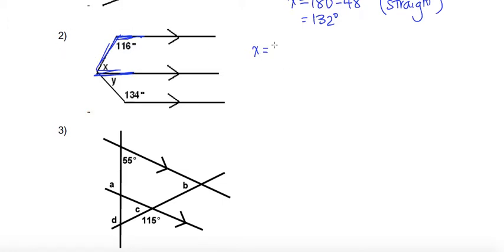Or I can find it by taking 180 and subtracting 116. And doing that will tell me that X has a value of 64 degrees. So I found that by using the C pattern.